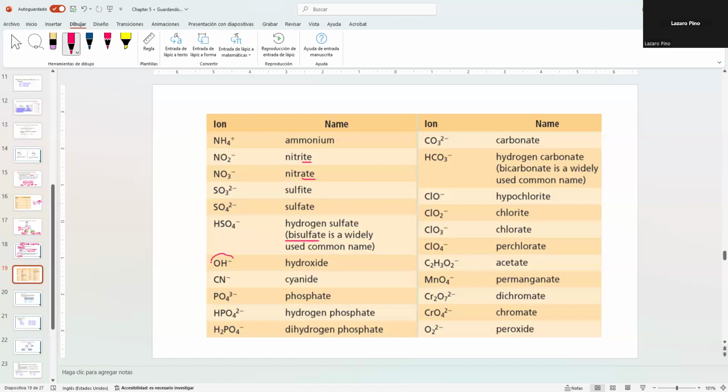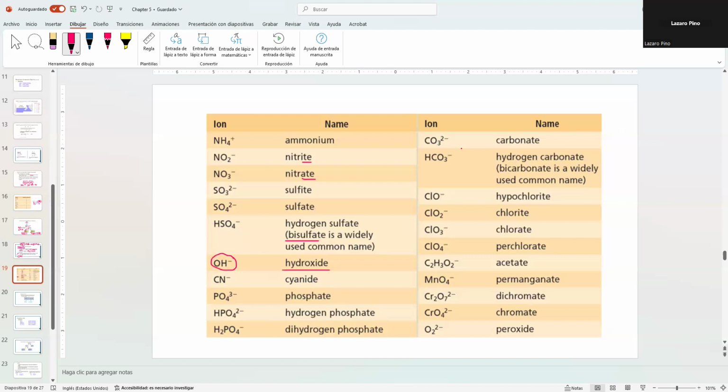We have in this case OH -1, which is hydroxide. CN -1 is cyanide, phosphate, hydrogen phosphate, dihydrogen phosphate.